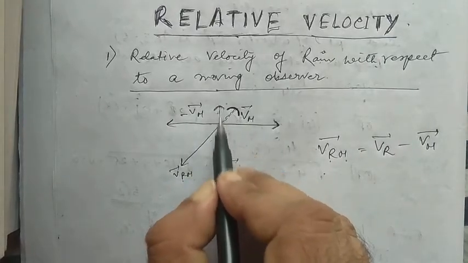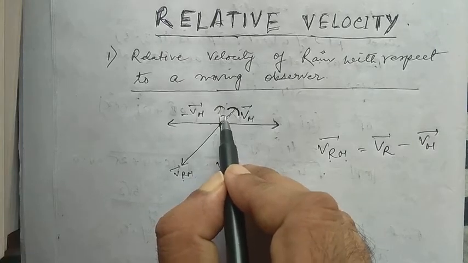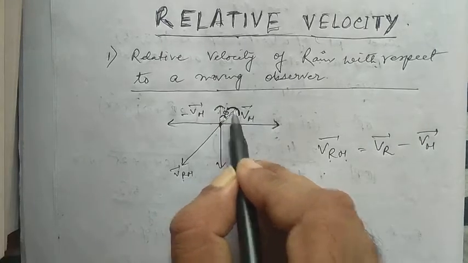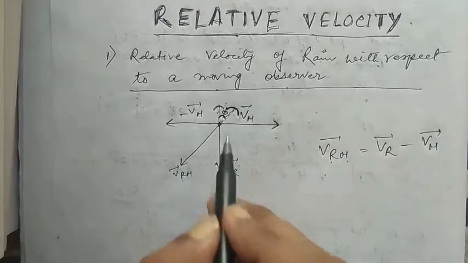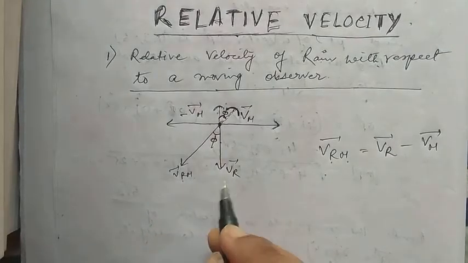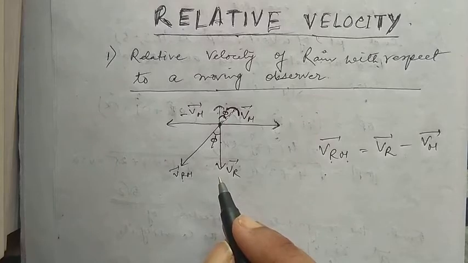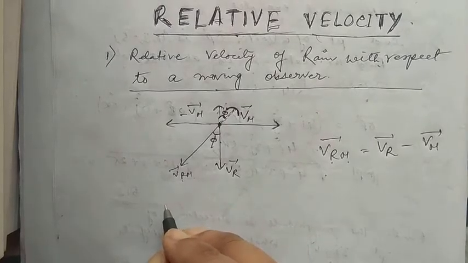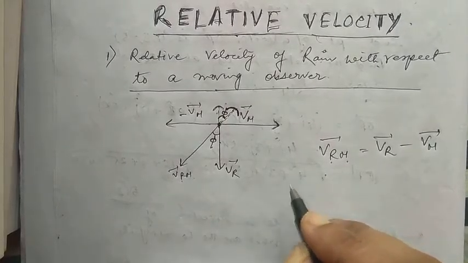That means the shift of the umbrella from the vertical, suppose we take it to be phi. Now phi is the same angle as this vertically opposite angle. This is also phi. So according to the rule of vector subtraction, we can write two things.